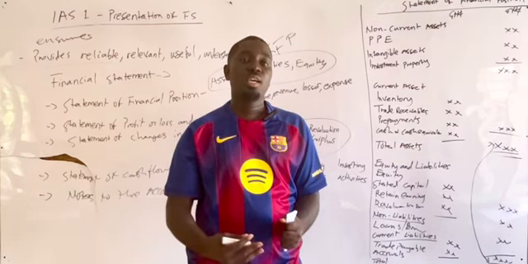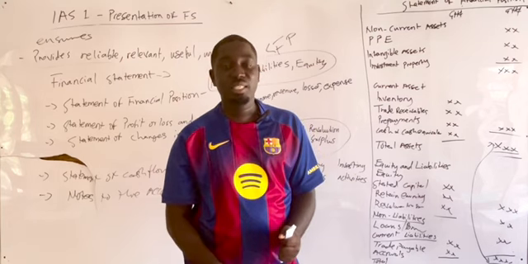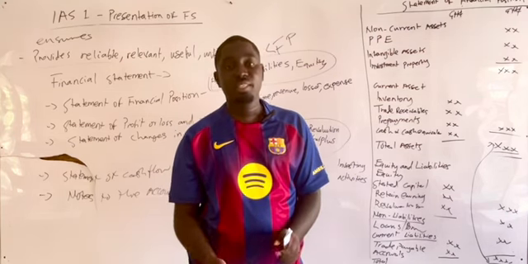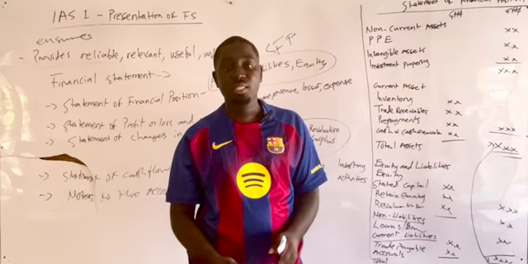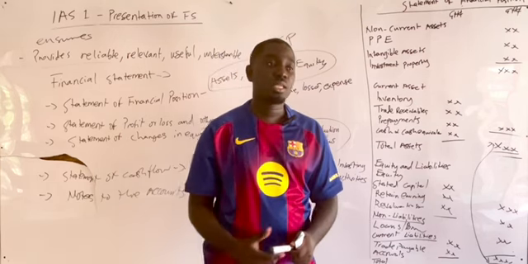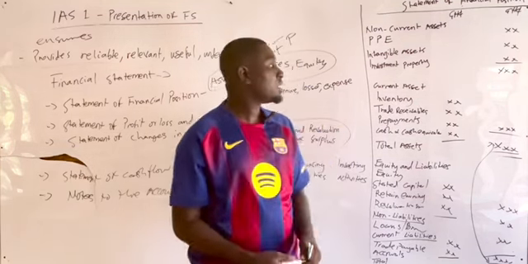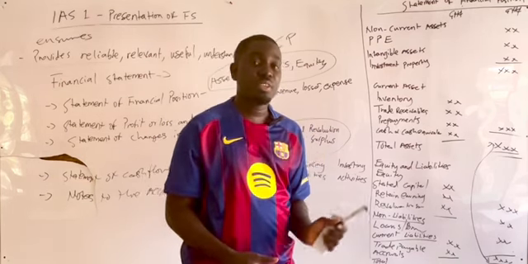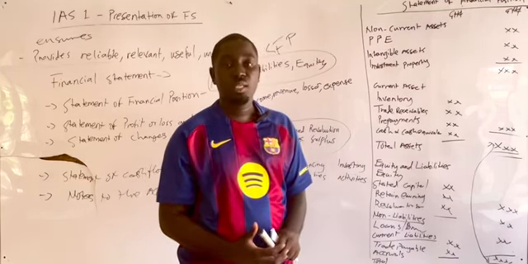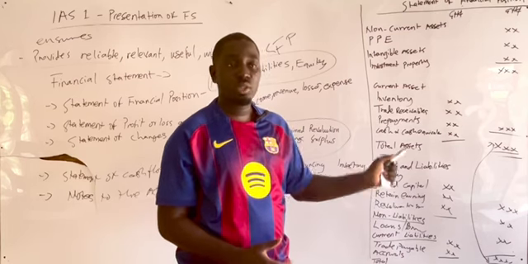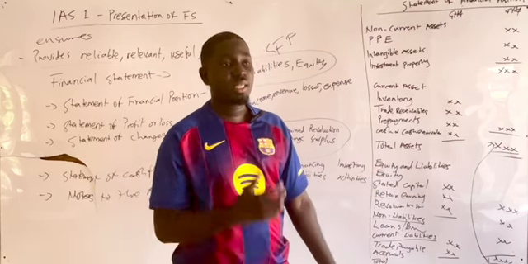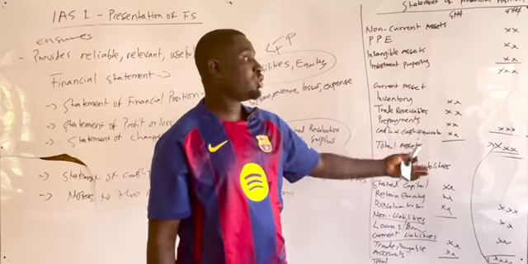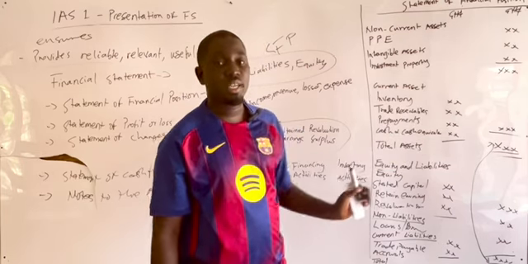You have errors that do not affect the balance sheet or the trial balance, and errors that affect the trial balance. So the mere fact that it balances doesn't mean every figure you quoted there is correct, or the totals you have quoted here are correct. Do we get it? Yes. It just means you did your double entry correctly.